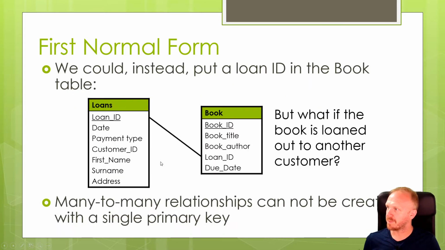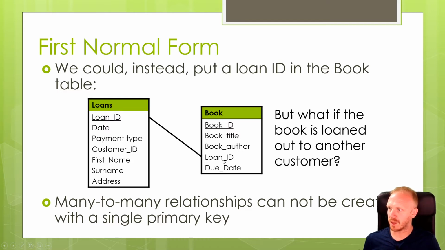Another way we could do it would be to put the loan ID in here. That solves this problem because now we can say book 6 is part of loan 1, book 8 is part of loan 1, and book 10 is part of loan 1 by taking those books and putting the loan ID 1 into each of them. But what happens when this book wants to be loaned to another customer later? We've already put loan ID, say 3, in there.